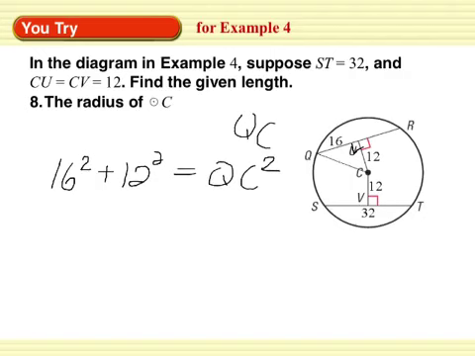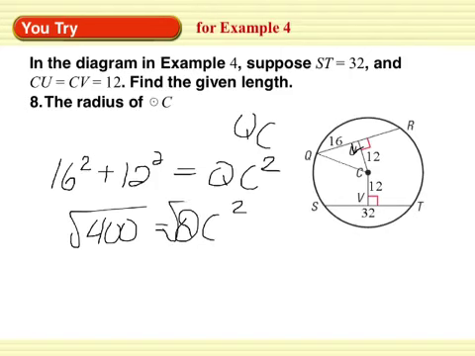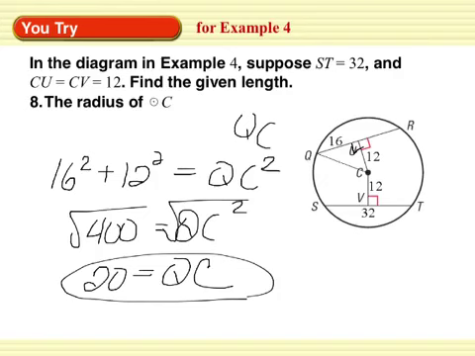Let me get a calculator out. 16 squared plus 12 squared, and the answer is 20, which is the radius. Good job.